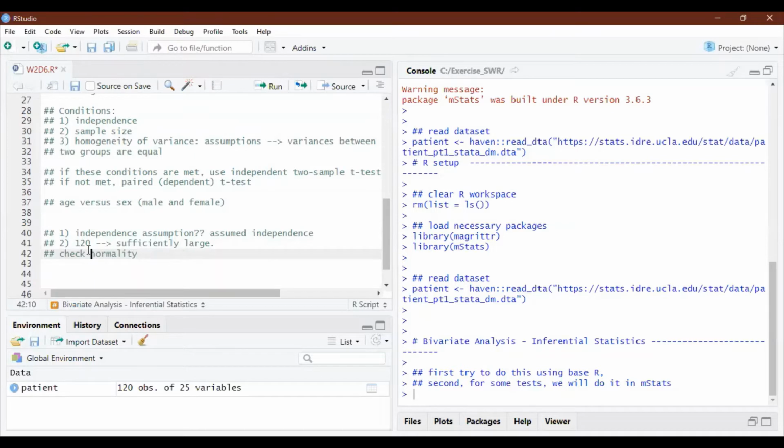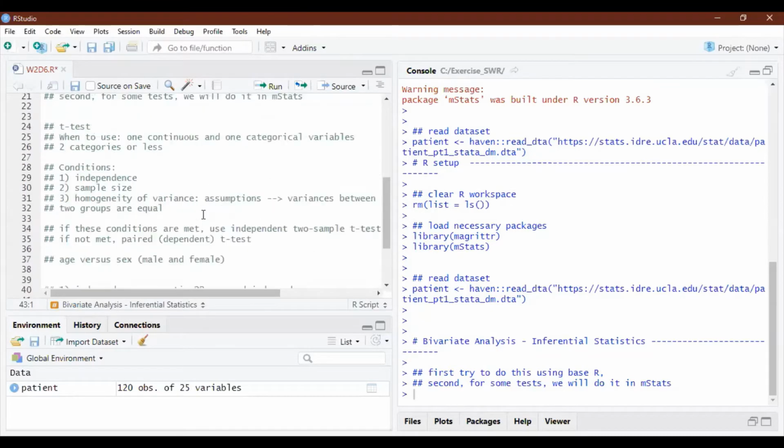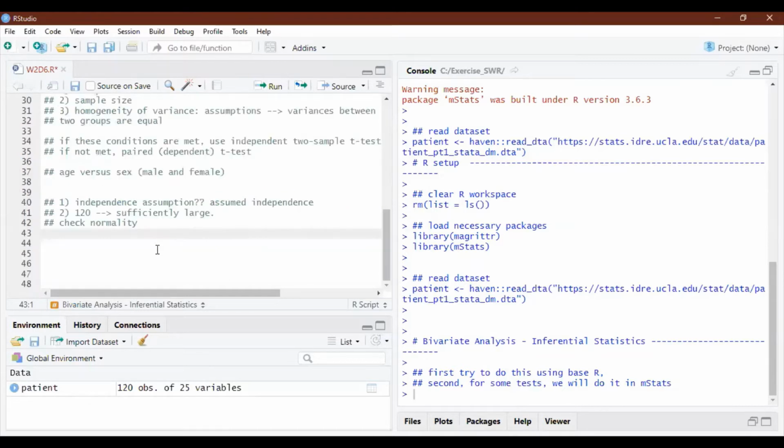Now for assumption 2, we also check normality. How to check normality? First, you can do the histogram. We will check patient.